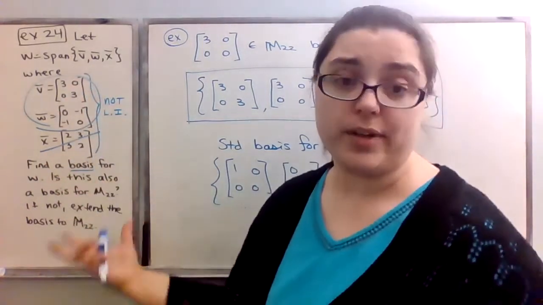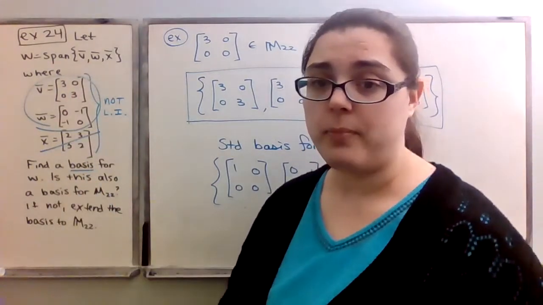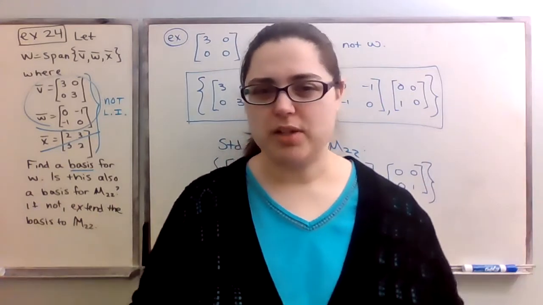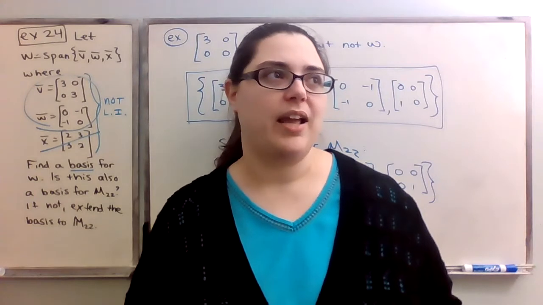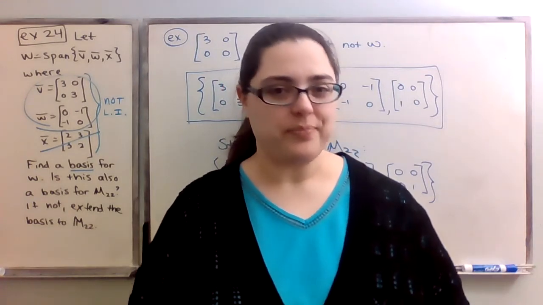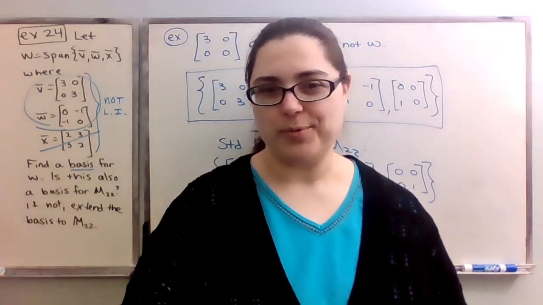So there was no way we were going to get all of them, even if these 3 were independent. So it's helpful to be able to think about these kinds of problems in multiple different ways. So we're going to do one more example where we might see it's really a span, but it's given to us in a different way. So I'm going to erase the board, write that problem on the board, and then we will work through it.